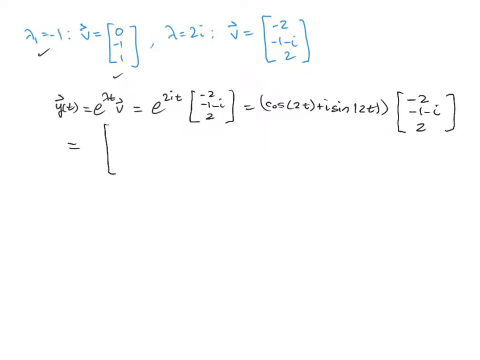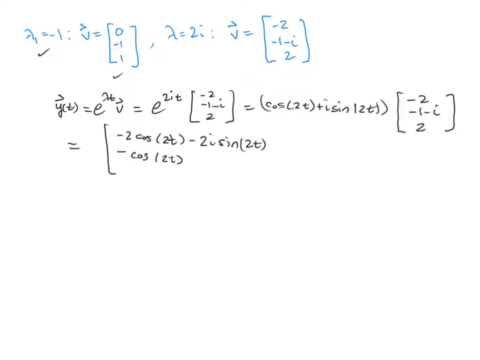We multiply the -2, that's pretty simple. That's -2 cosine of 2t minus 2i sine of 2t. For the middle entry of the vector, we're going to have to use FOIL to multiply it out. So that's going to be the negative cosine of 2t from the outside.